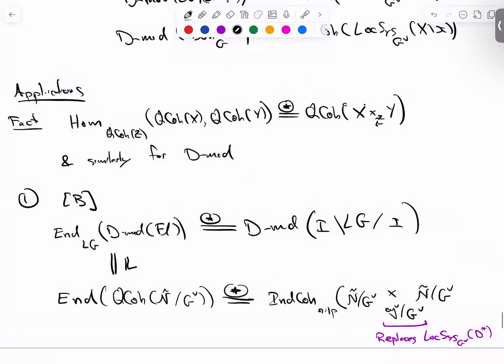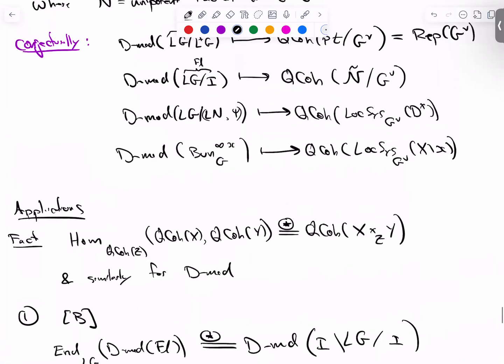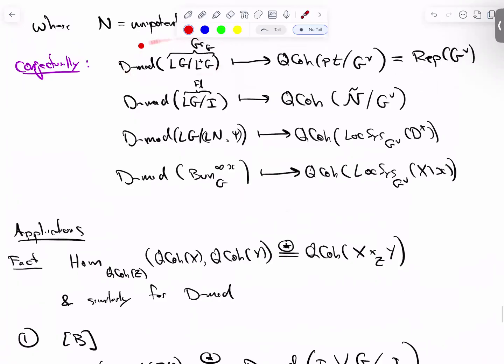Let's now look at endomorphisms of the affine Grassmannian.